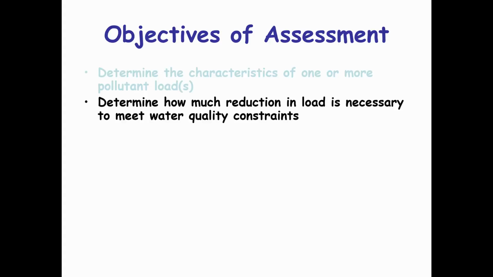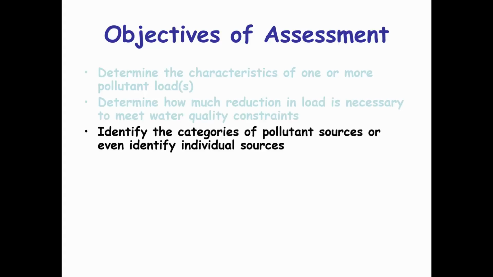So if we can estimate how much load is occurring, and if we know what the water quality standard is, we'd be able to determine how much load reduction is necessary to meet the water quality standard. We want to identify from the assessment what the different possible pollutant sources are for the particular pollutant of interest or of concern.